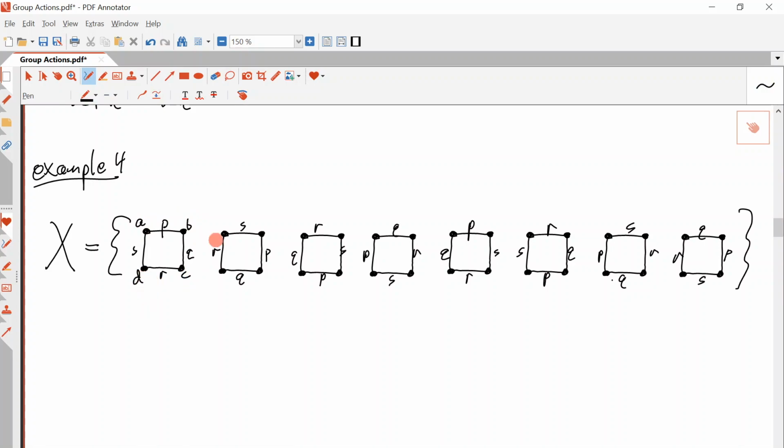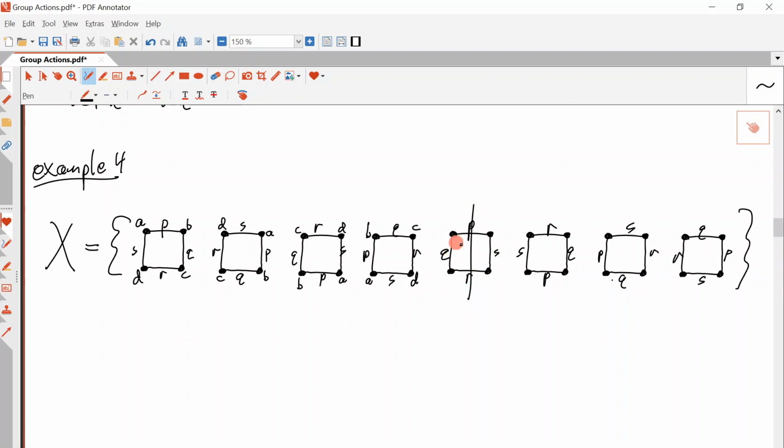the vertices as well. Rotate 90 and you get this, A, B, C, D. Rotate 180 and you get this, A, B, C, D. Rotate 270, you get that. Now flip around the vertical line.